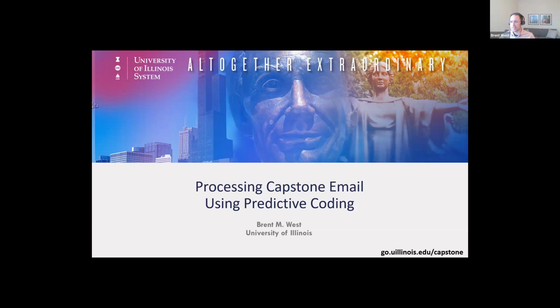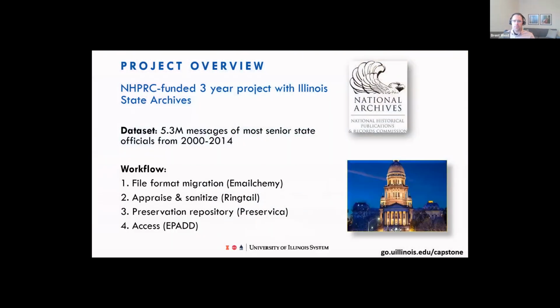The project in question was a National Historical Publications and Records Commission funded project that we completed with the Illinois State Archives. We started off with 5.3 million messages provided from senior state officials dating back to the year 2000.